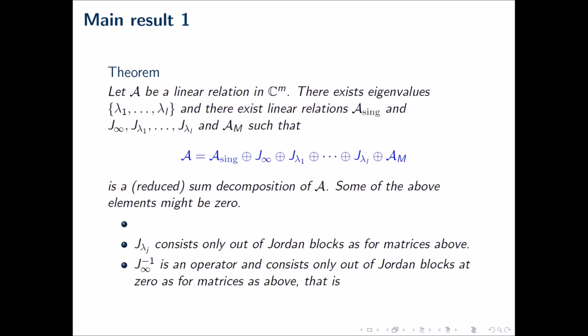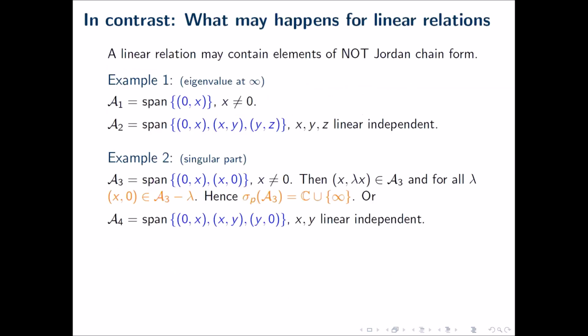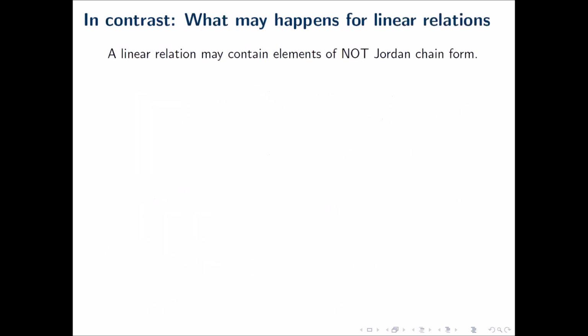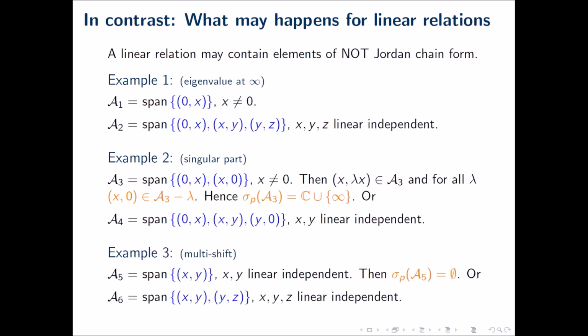I just show you how they look. Each of them looks like this. So for each eigenvalue, lambda 1 to lambda L, I have such a structure. Of course, then the indices also depend on the eigenvalue and so on. As usual. So this is easy.